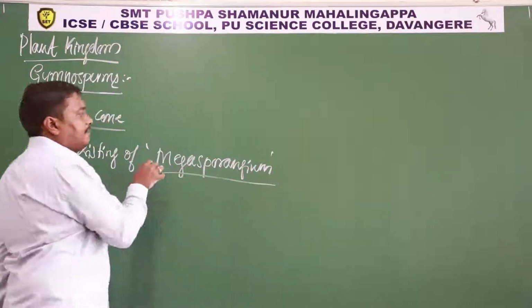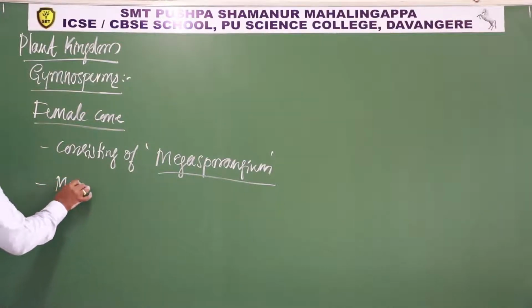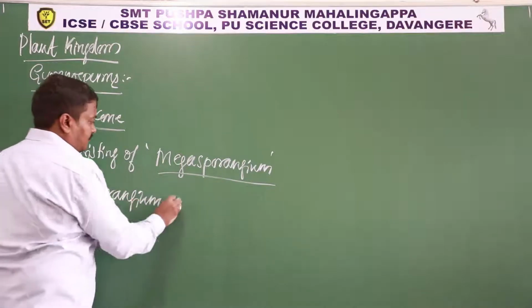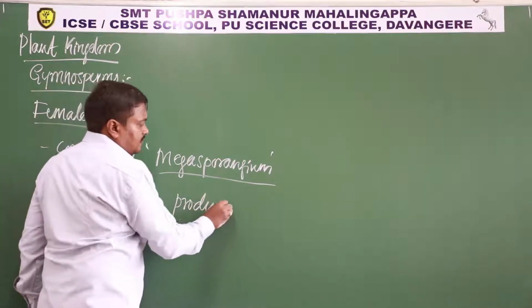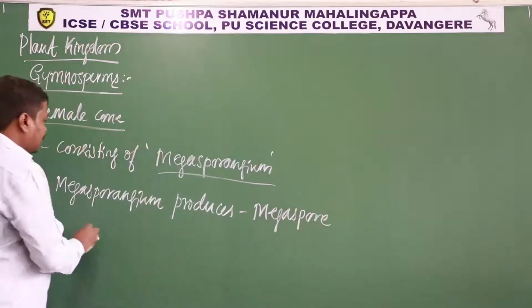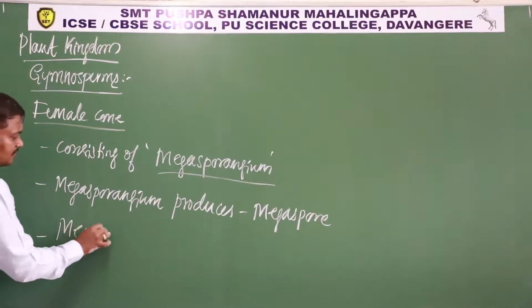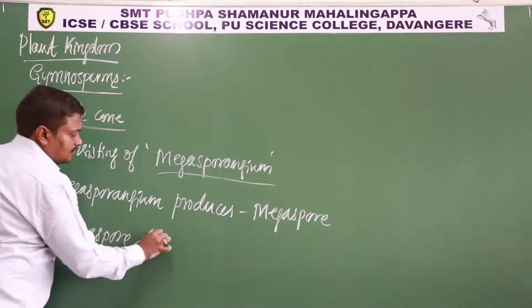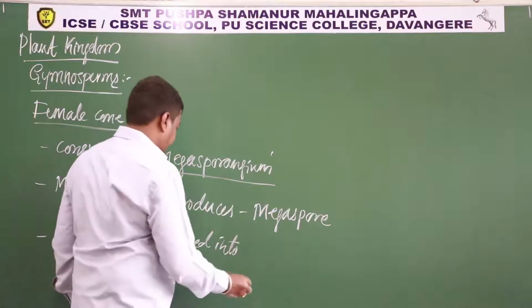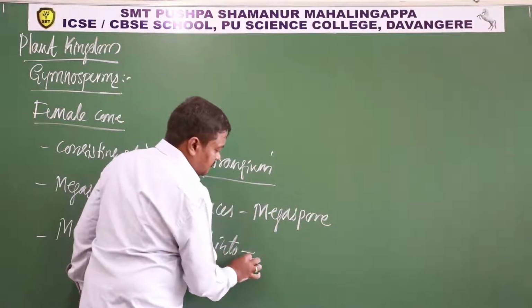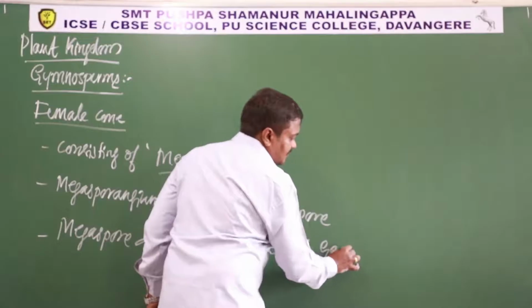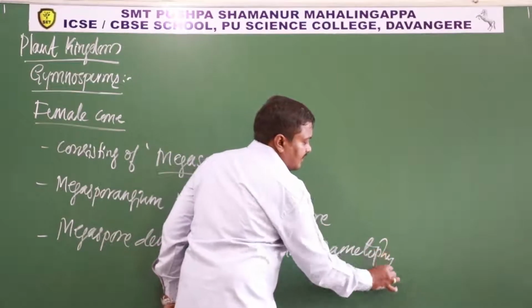The megasporangium produces megaspore, and later the megaspore develops into the female gametophyte.